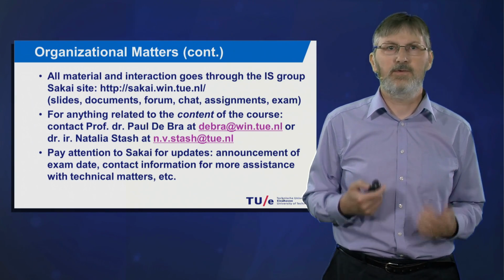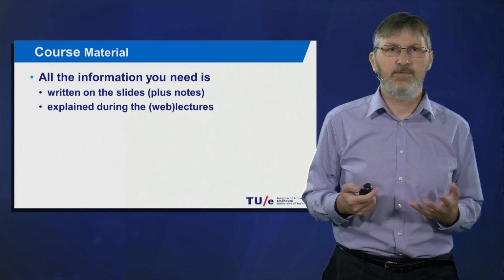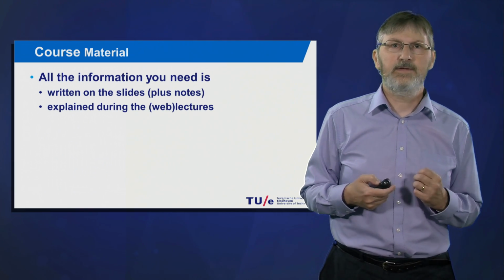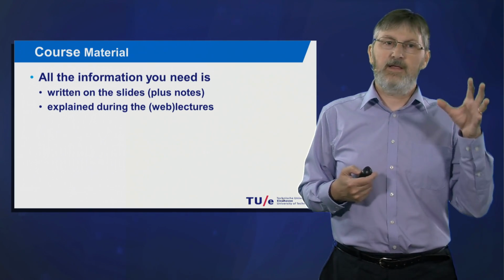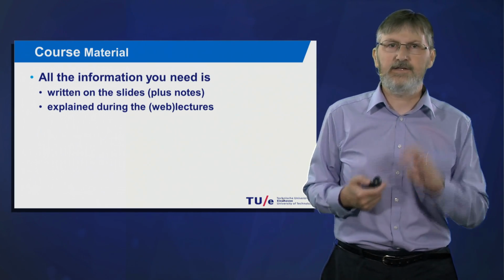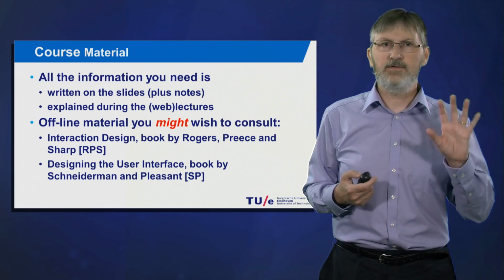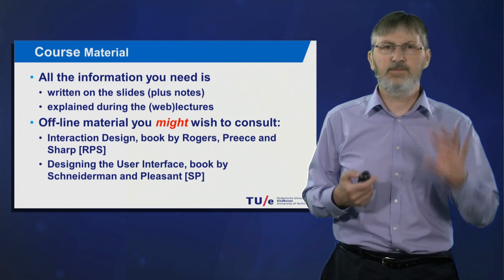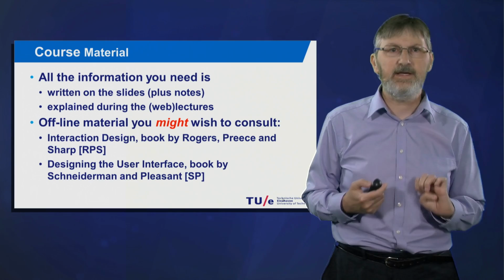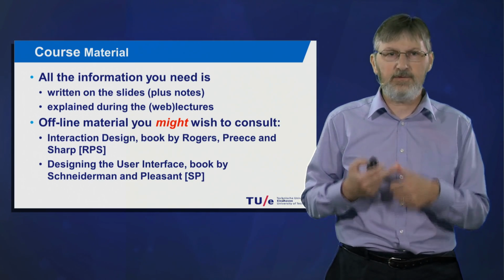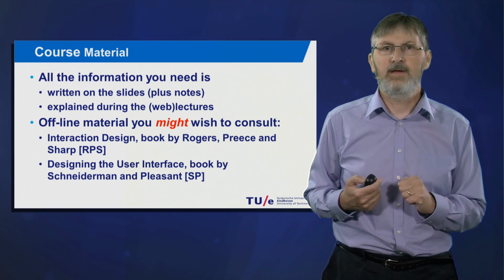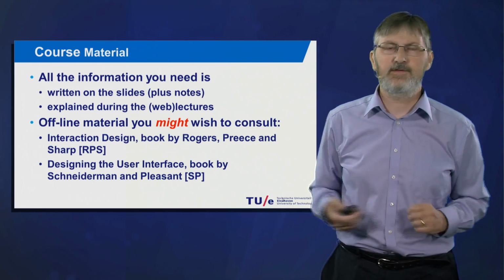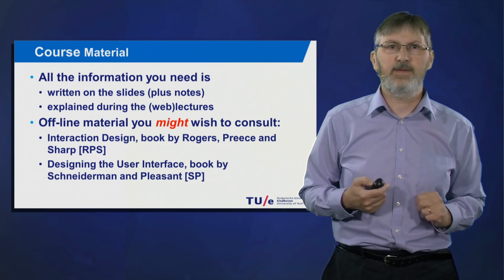Now you are ready to start this course, but if you want some additional information, everything you need is on the slides and is explained, but there are 2 books on which most of this course is actually based. There's a book on interaction design by Rogers, Preece, and Sharp. And when we have some references to it, we will always say RPS.